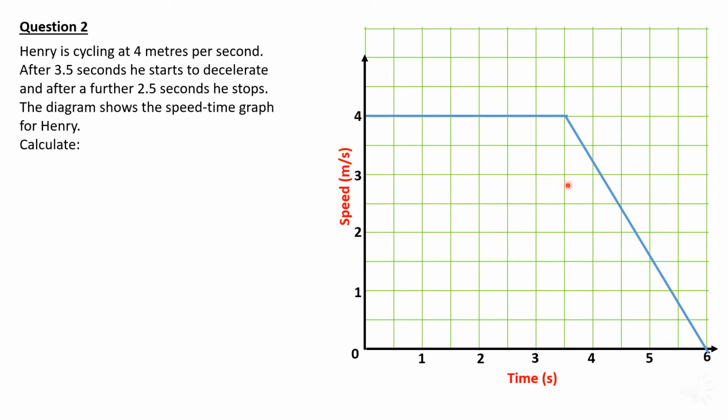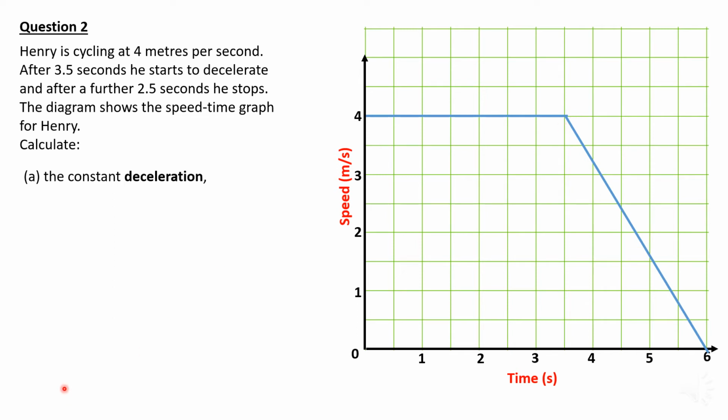After 3.5 seconds, he slows down, decelerates, retardation, and then for a further 2.5 seconds. Then he stops, obviously. So we are supposed to calculate the constant deceleration, that retardation that you see there.